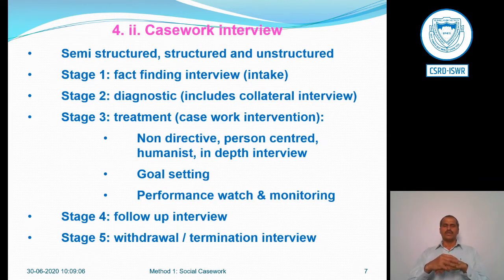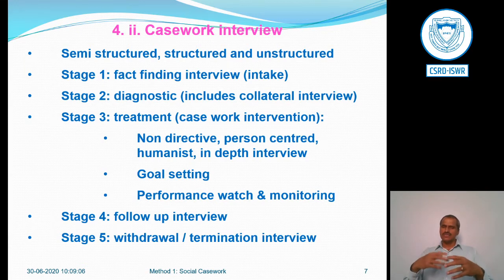Now, at stage 4, there is another kind of interview which is called follow-up interview. This follow-up interview can sometimes be a telephonic interview. It can be a third party interview. The caseworker may contact the family members, may contact the teachers, the employer, friends, relatives.